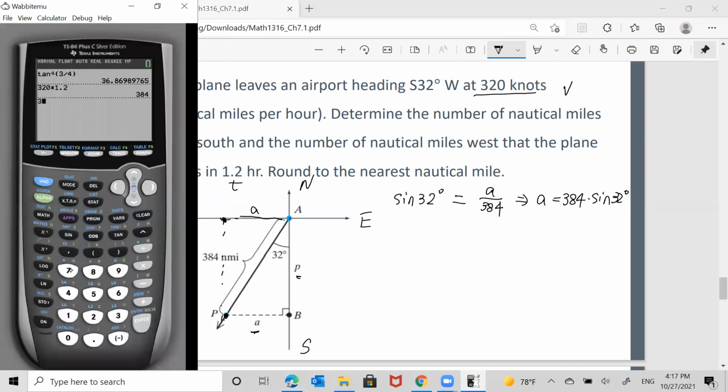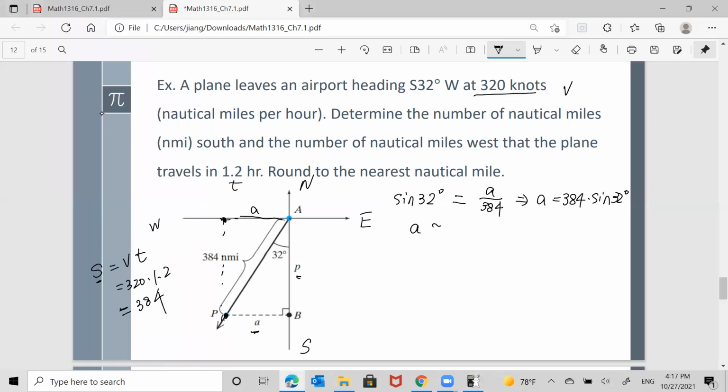That's 384 times sine 32 equals 203. Round to the nearest nautical mile. That means I can just keep 203. So the A is about 203 miles.